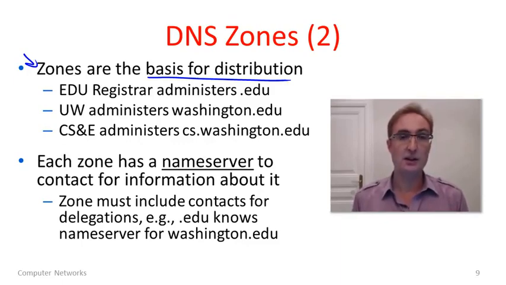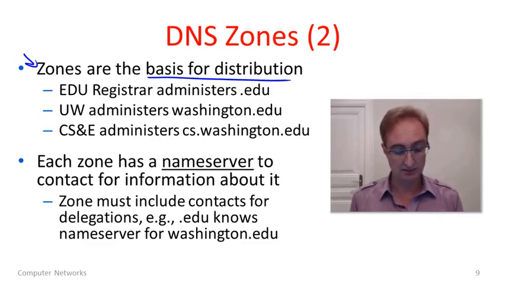Each of these zones has a name server that hosts the information in the zone, and that's who you're going to contact for all of the information about the zone. If you want to find out about a computer inside cs.washington.edu, for instance, you would contact the CSE department's name server because it's going to know about it.